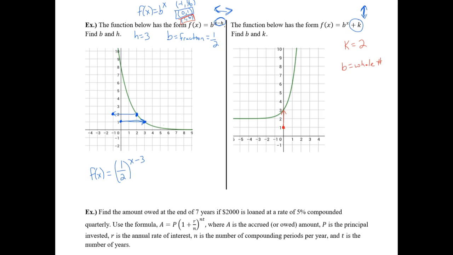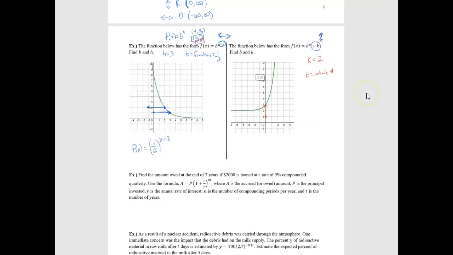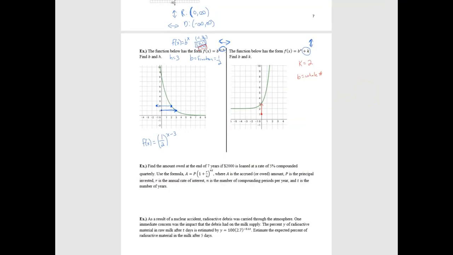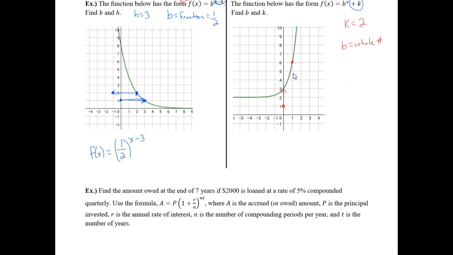So going over 1 on our graph, we're here. So here's where it intersects at 1, but we know that it shifted up 2. So I'm going to take it back down 2, and that's where it should be. That means our b value would be 4, right? Because here it's at the height of 4.